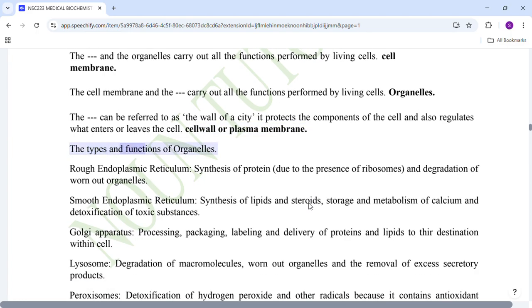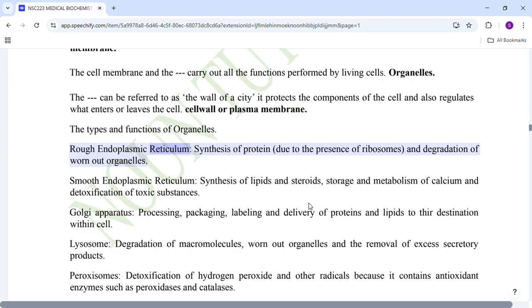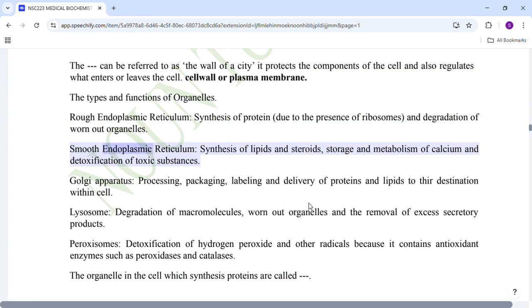The types and functions of organelles. Rough endoplasmic reticulum: synthesis of protein, due to the presence of ribosomes, and degradation of worn-out organelles. Smooth endoplasmic reticulum: synthesis of lipids and steroids, storage and metabolism of calcium, and detoxification of toxic substances.